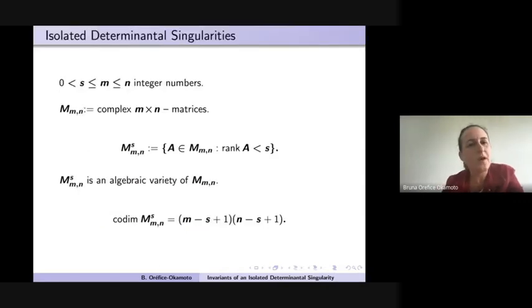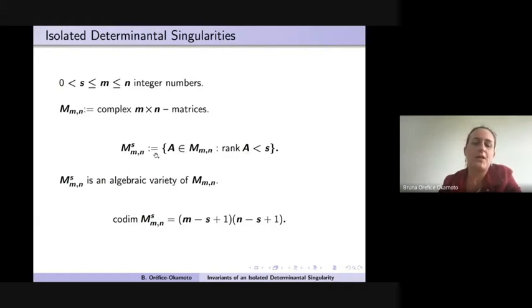So I will start by defining the things. I will consider three integer numbers, s, m, and n, with this order here. And I will denote by capital M_{m,n} the set of complex matrices of size m times n. And I will put an s over here to indicate that the matrices here are the ones with rank less than s.